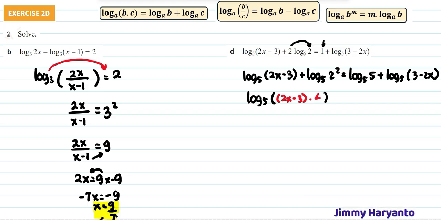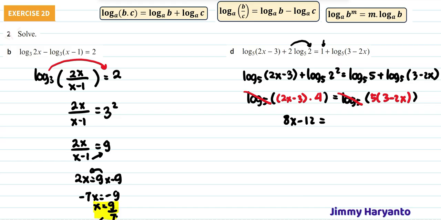This one is 2 squared equals 4, equals logarithm 5 of 5 times 3 minus 2x. Okay, just calculate it, or maybe you should cross it out first. This one will be multiplied by 4, so you'll have 8x minus 12 equals 15 minus 10x.